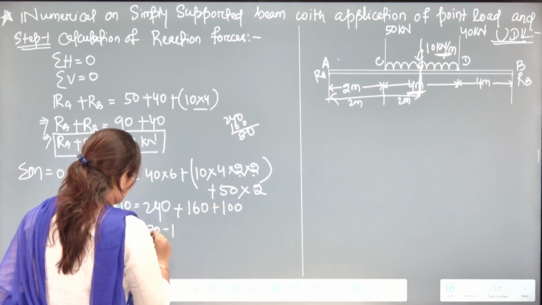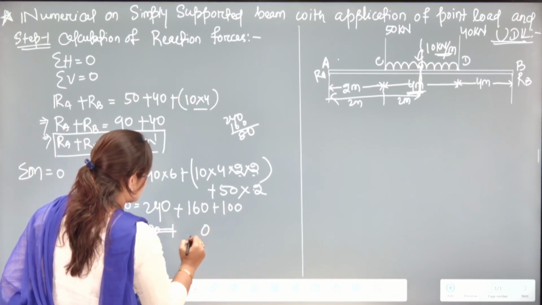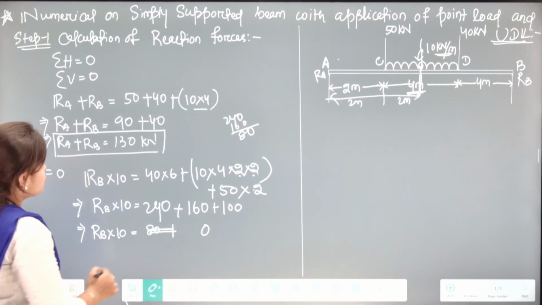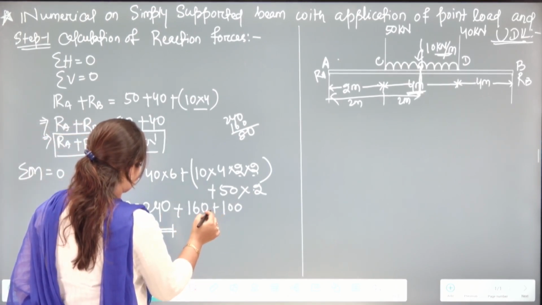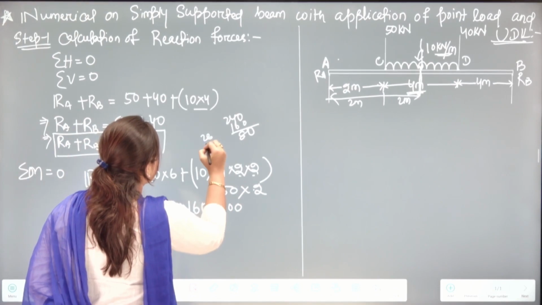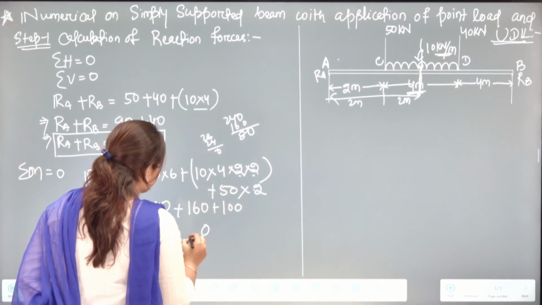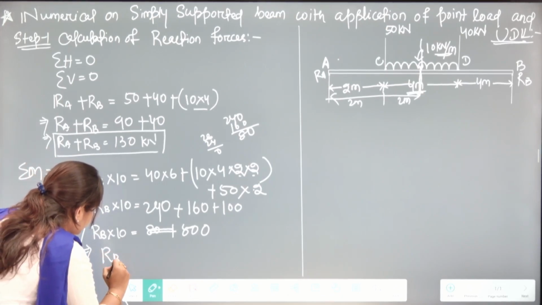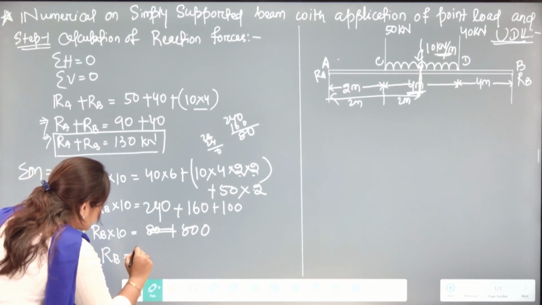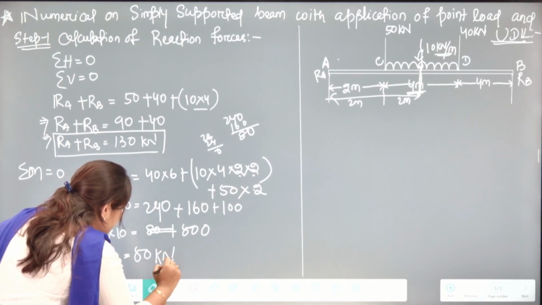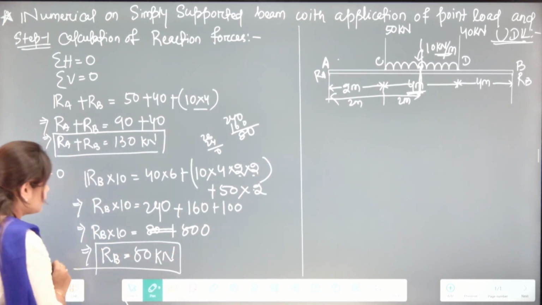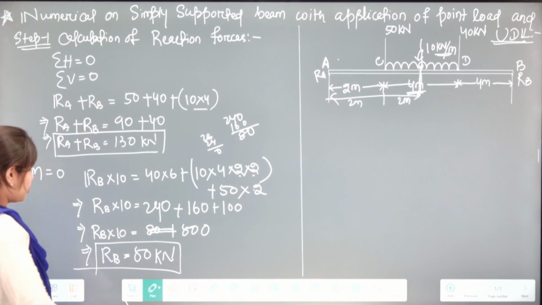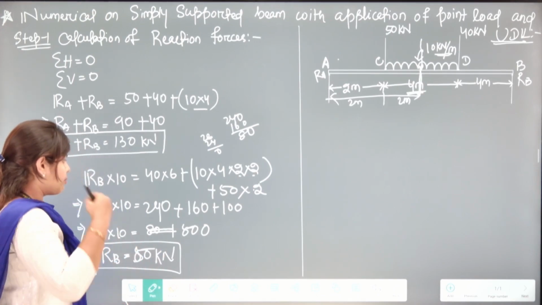So you will have 500. So RB is going to be 500 divided by 10, that is 50 kilonewton.